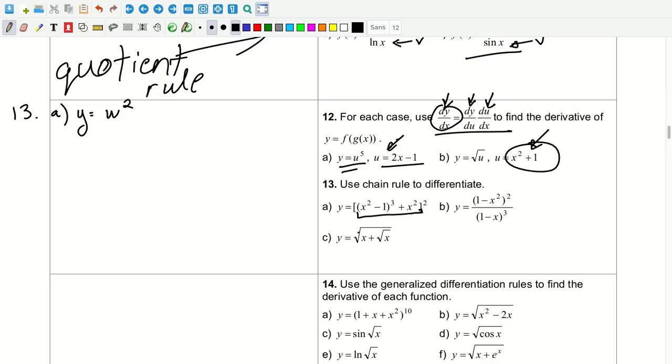But I'm going to make another change. I'm going to say also u equals x squared minus 1, because that's the nasty part as well. That is nasty. So I'm going to say u equals x squared minus 1. That means that w I've rewritten as u cubed plus x squared.